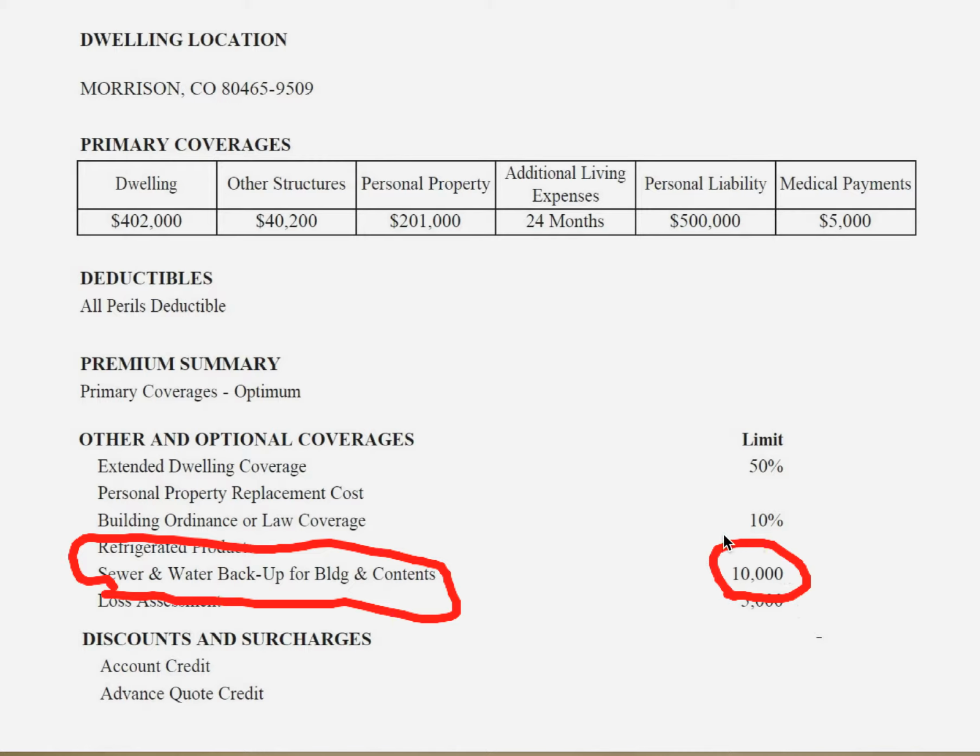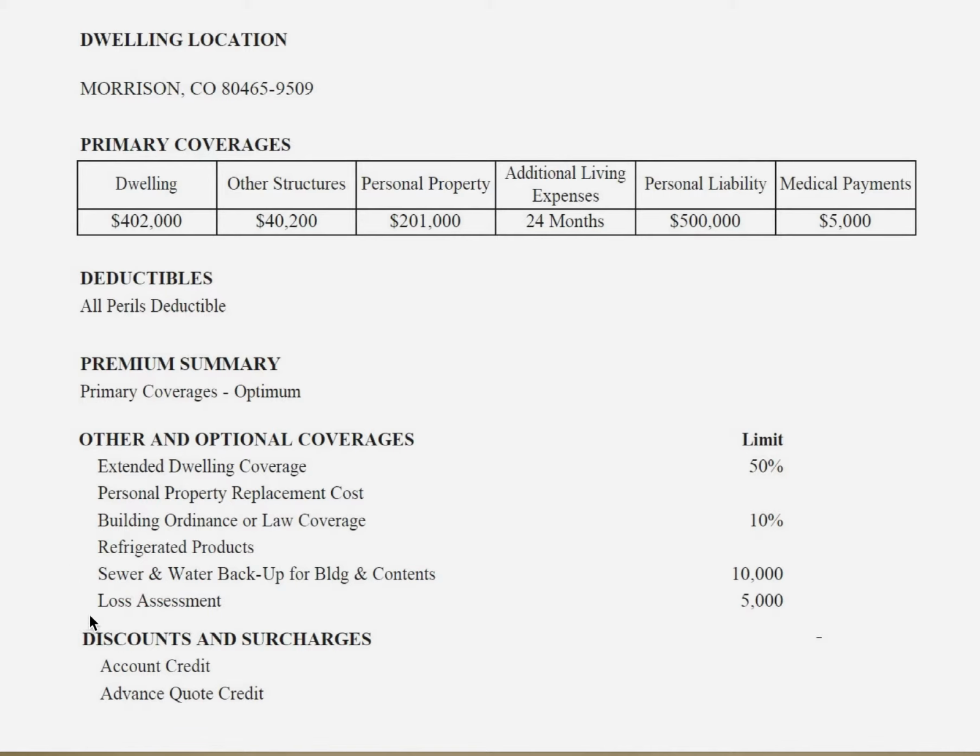You want to make sure that you understand, A, if you even have water and sewer backup, and B, what the limit is. Also, we'll see some carriers that will add specific deductibles to this coverage. So you need to make sure that you're looking at your policy and understand, hey, I have a separate deductible for my water sewer backup. Pretty important there.